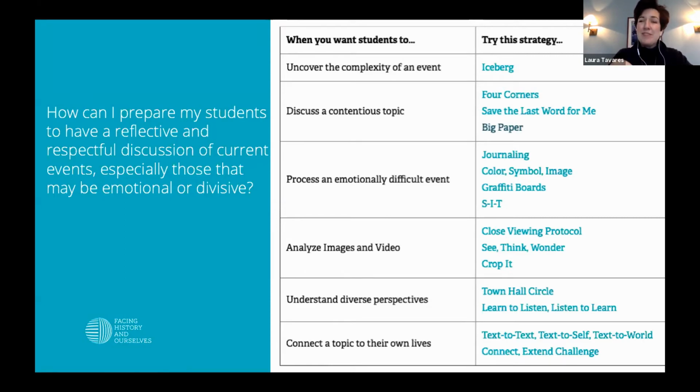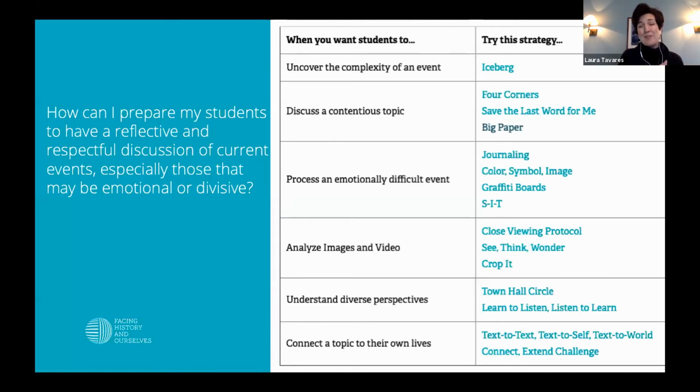And there's a lot of different teaching strategies, including, I think, maybe one that Adam mentioned that we also use, that can help you both to delve beneath the surface of an event using something like an iceberg strategy, conversational protocols for discussing contentious topics, reflective activities for processing an event that may be emotionally difficult.